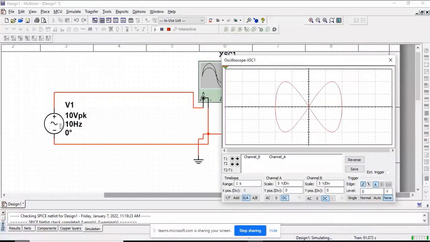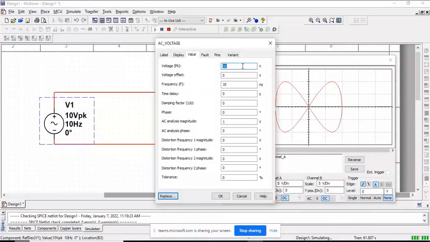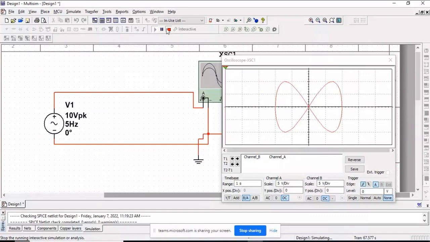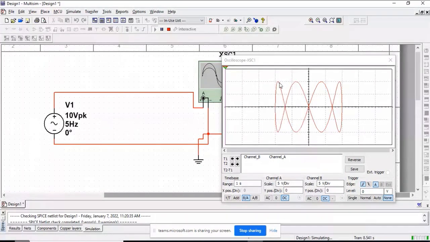Suppose that I have kept the input frequency 5 hertz. Okay. Now see the pattern. Now you can see the top line, division line, that is touching at 4 ends of this Lissajous pattern. 1, 2, 3, 4.